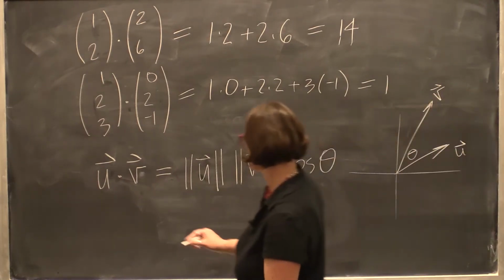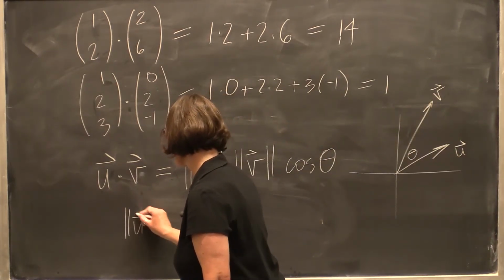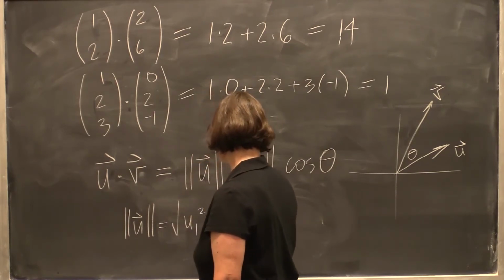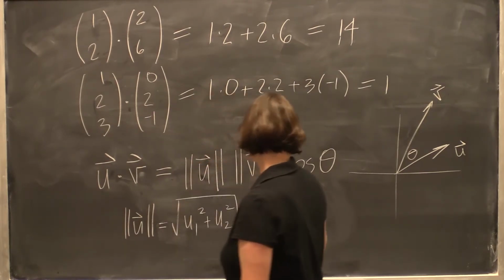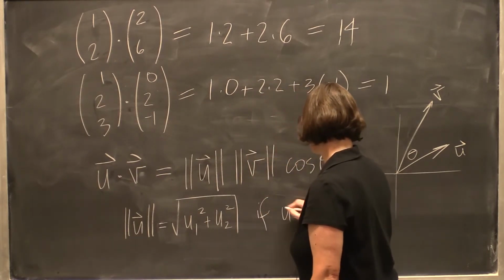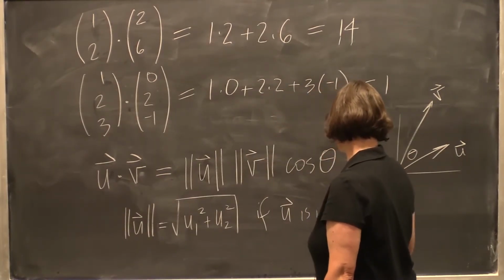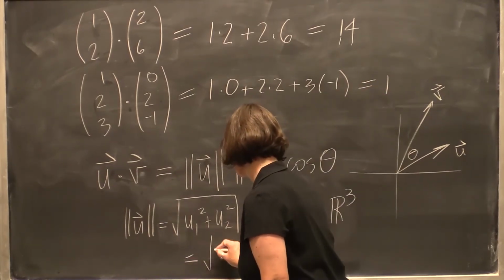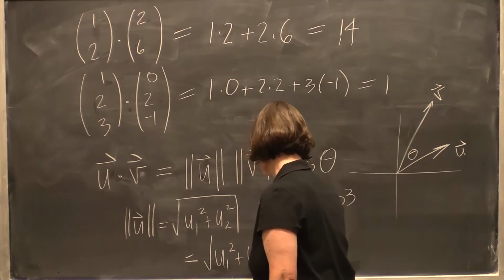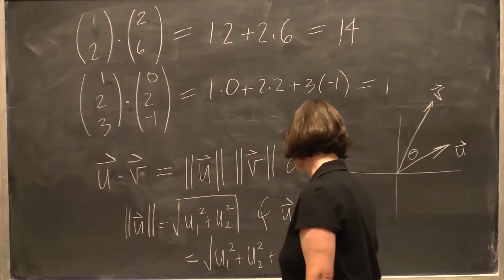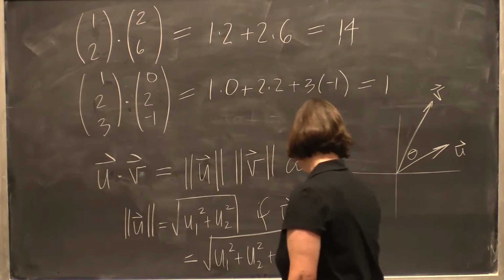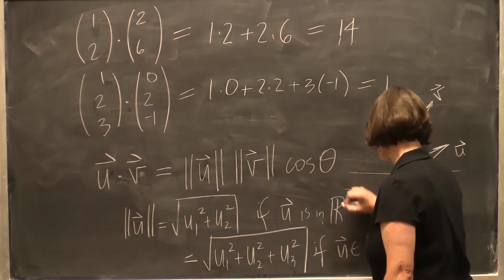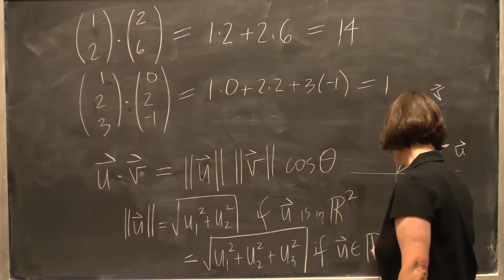And you know that the length of u is the square root of u1 squared plus u2 squared if u is in R2, and it's equal to the square root of u1 squared plus u2 squared plus u3 squared if u is in R3.